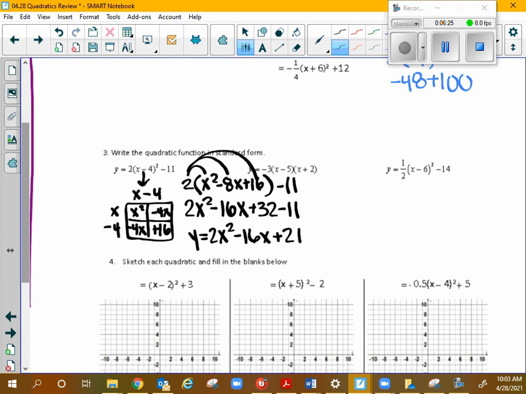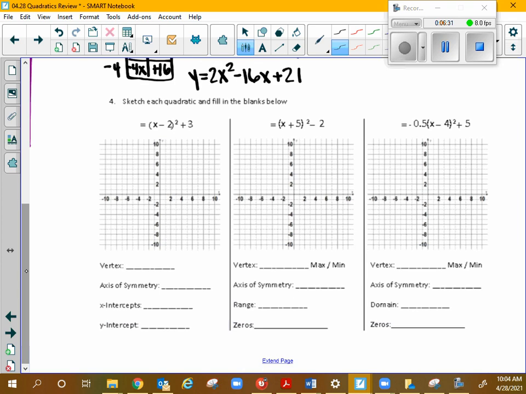All right. Ready for a trick? If I am graphing, what form is this? Vertex form. What's my vertex on this first problem? 2, 3. What would my axis of symmetry be? 2. It's an axis, so it's an equation.